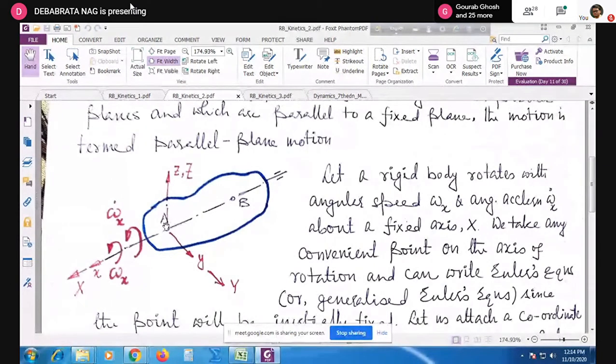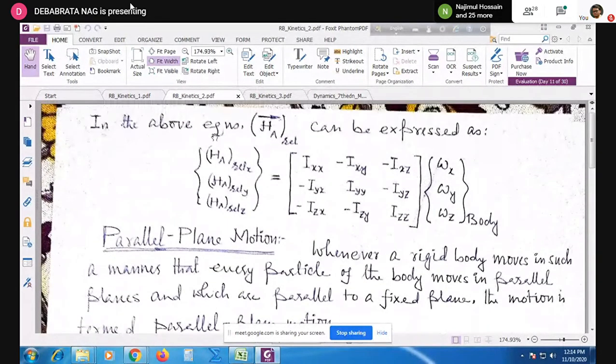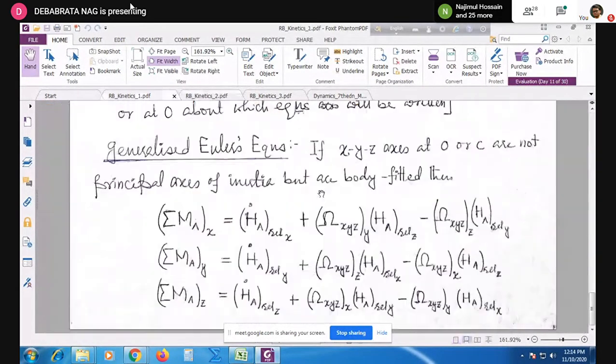So under these circumstances, we have to write our full inertia terms, and this is the equation for the relative momentum vector. We can consider the generalized Euler's equation, where you can see this.